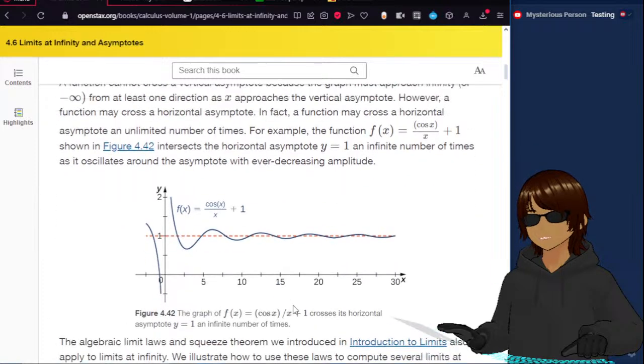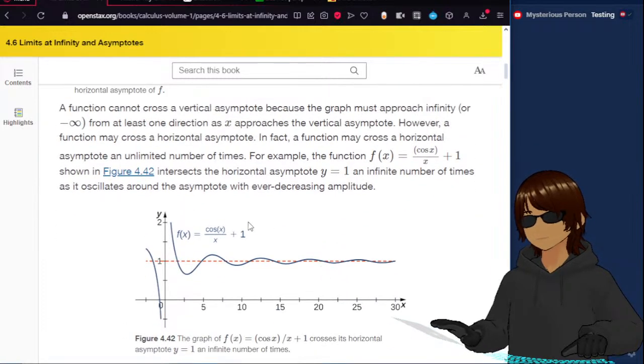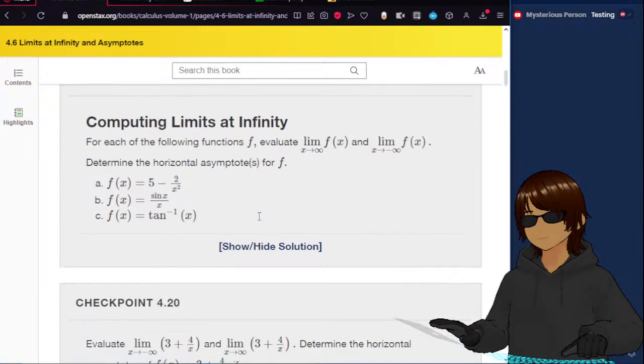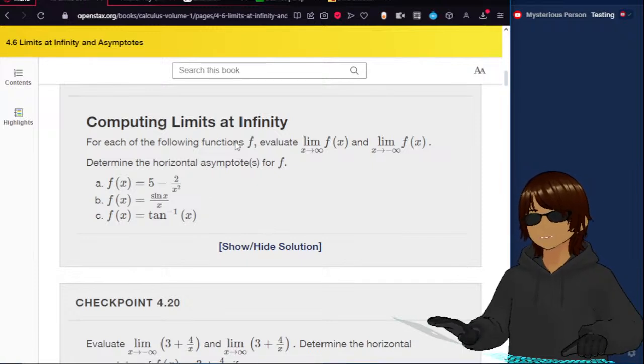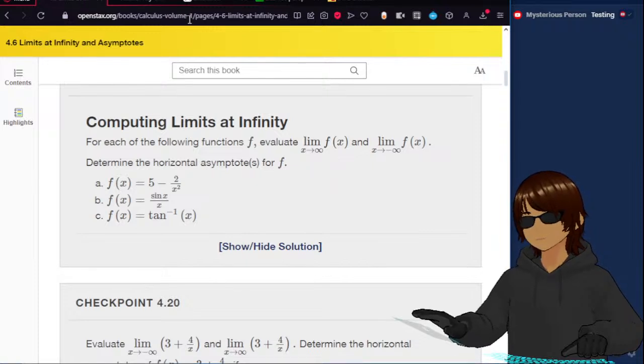cos x plus 1. For each of the following functions, evaluate the limit at infinity and negative infinity. Okay, hold on.